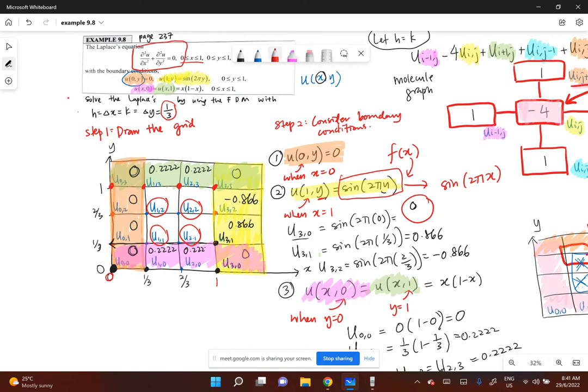So next, step 3, write in finite difference form.